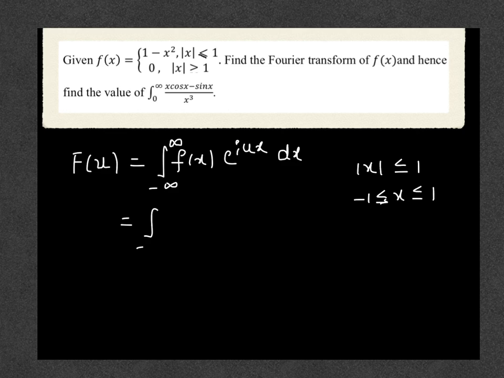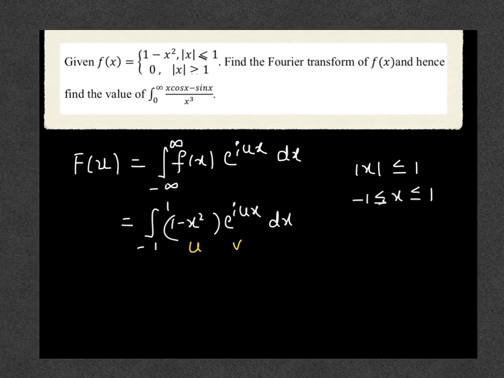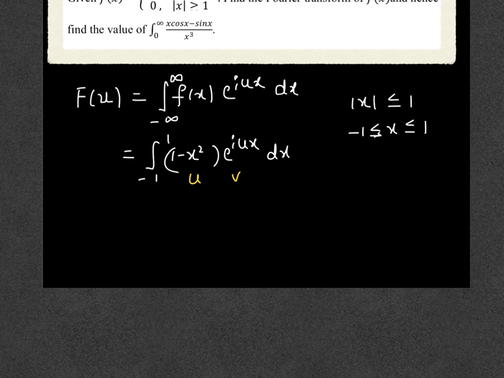So we take it as minus 1 to 1, where f of x is 1 minus x square, e power iux dx. Now let us integrate this by Bernoulli's rule of integration, taking 1 minus x square as the first function and e power iux as the second function. Okay, we start integration.